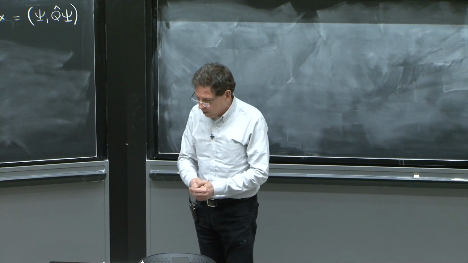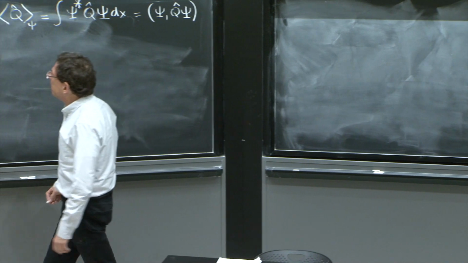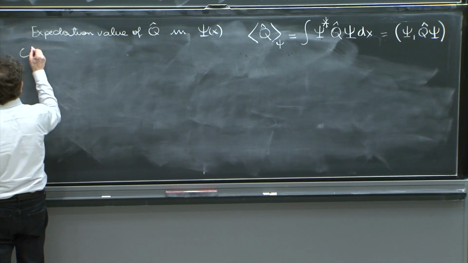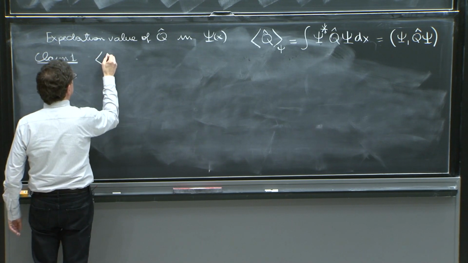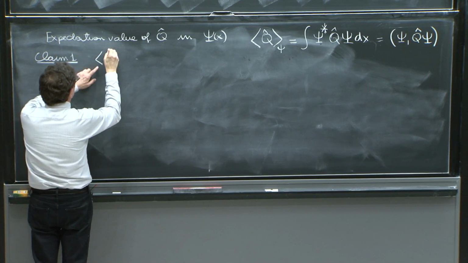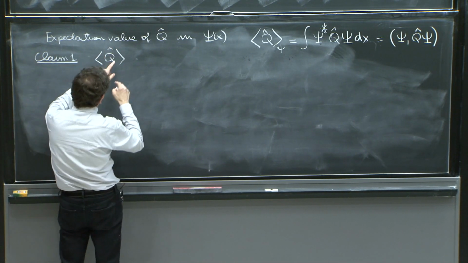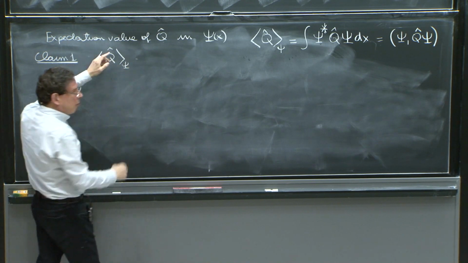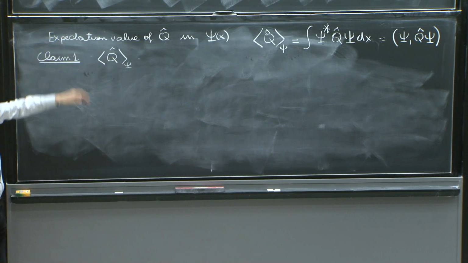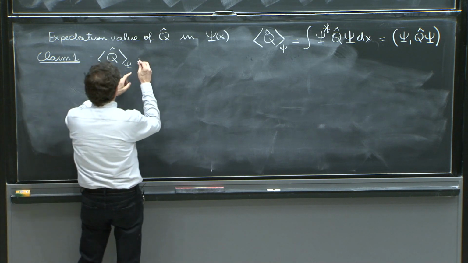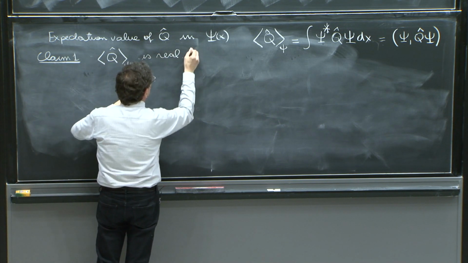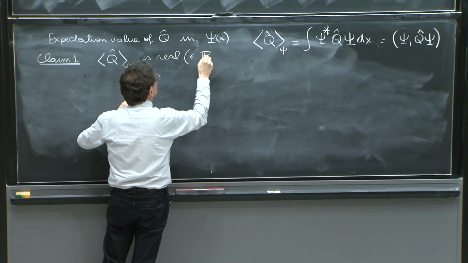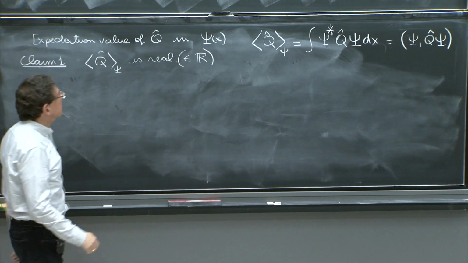So far so good. We've reviewed what a Hermitian operator is and what an expectation value is. So let's begin with some claims. Claim number 1: the expectation value of Q, with Q Hermitian. Everywhere here, Q will be Hermitian. The expectation value of Q is real. It belongs to the real numbers.